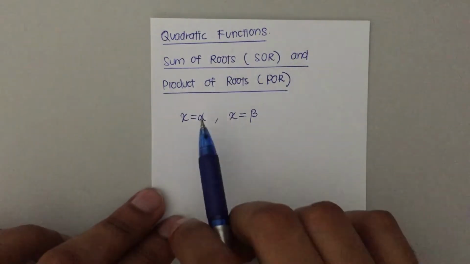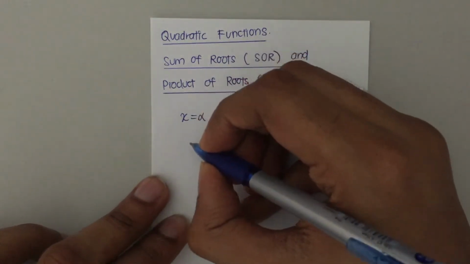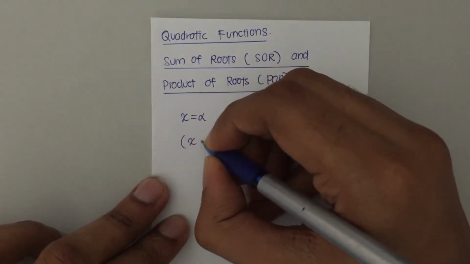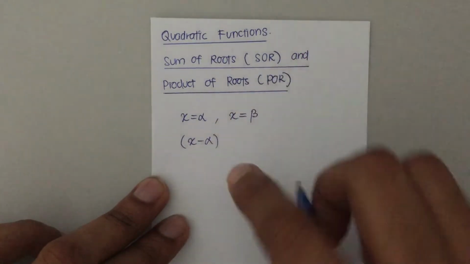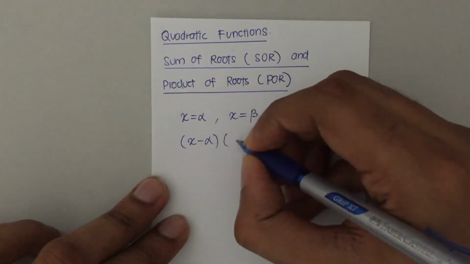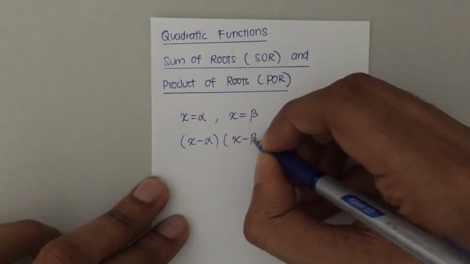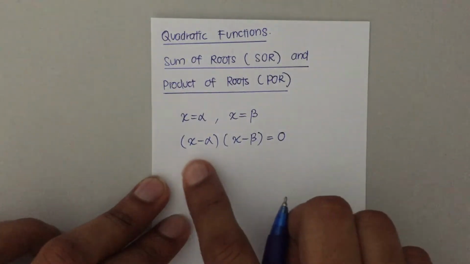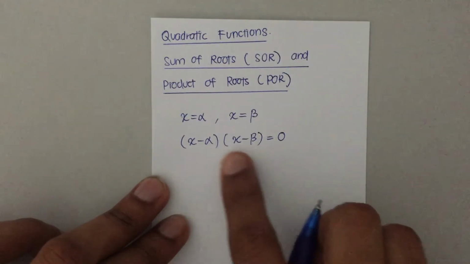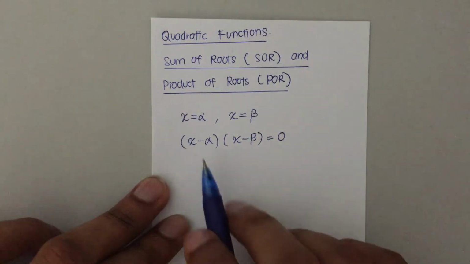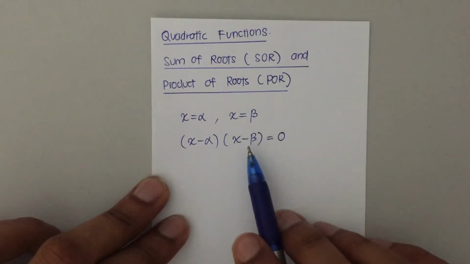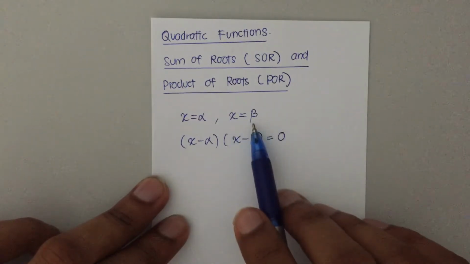So what you need to do is put it in bracket form, which in this case will be x minus alpha times x minus beta equals 0, because when you are factorizing, x minus alpha equals 0 gives x equals alpha, and x minus beta equals 0 gives x equals beta.